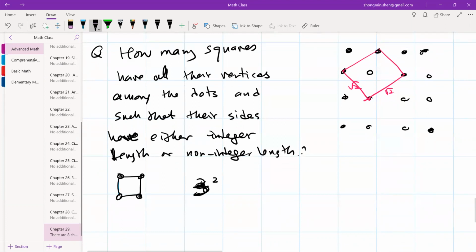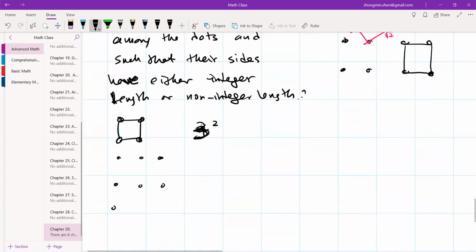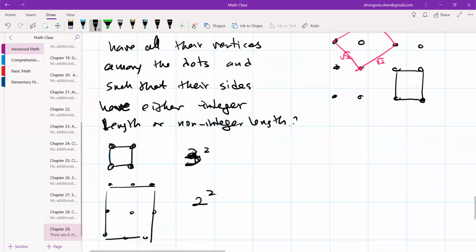So for example, you have like this. You have a 3, right? And so 3 by 3. Then you look at the 2 by 2 ones, that will be 2 squares, okay? Then the largest one is just 3 by 3.